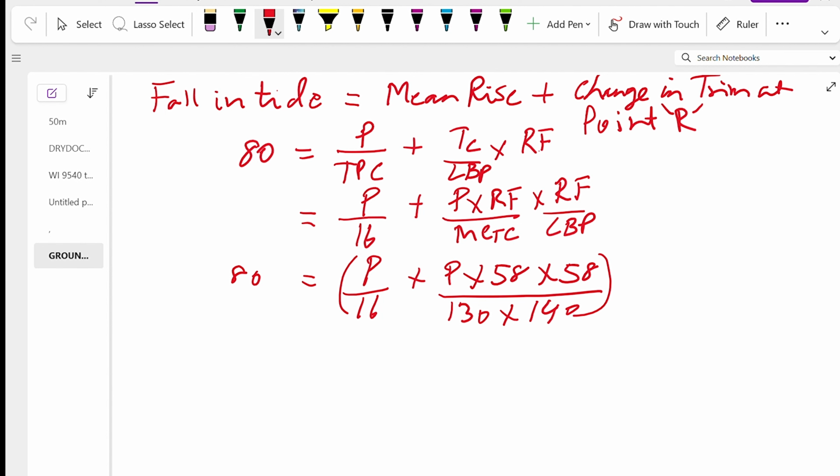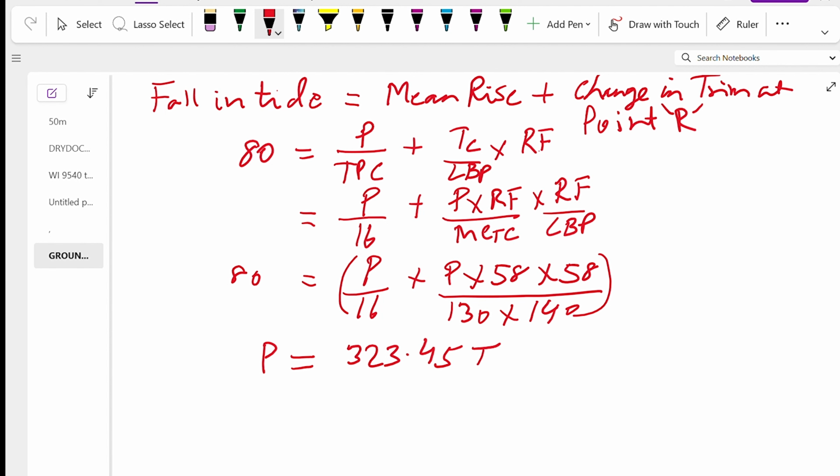Okay, so you can solve this now. For the force P, there is only one variable in this equation, and if you solve for P with your calculator, you can get something around 323.45 tons.